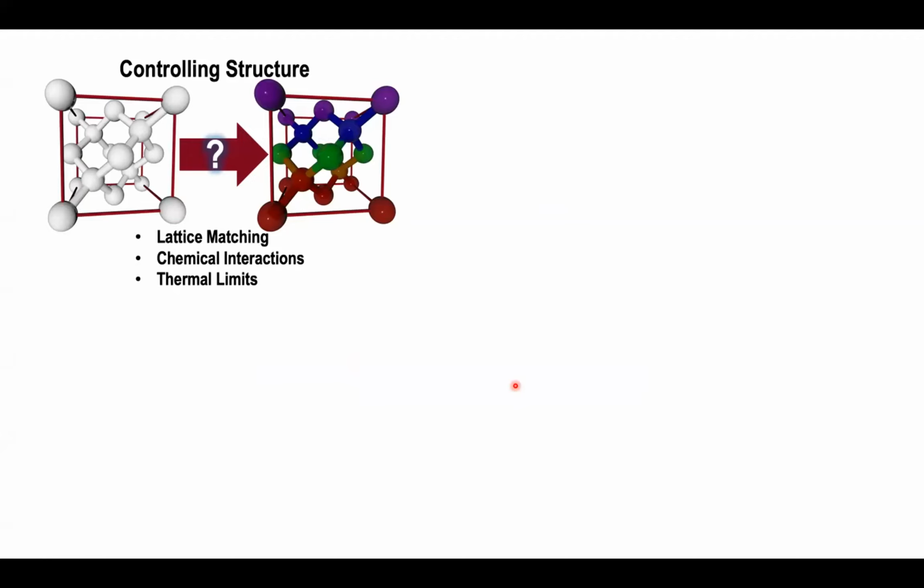Among these, the fact that you have to match the lattices of different materials, that you have to deal with the potential for chemical interactions at the interface due to the dangling bonds, and finally, that there are often very different thermal limits to what different materials can withstand. And all of this together makes it very hard to grow one material on top of another in a very generalizable fashion. So usually such epitaxy is limited to distinct families of materials.